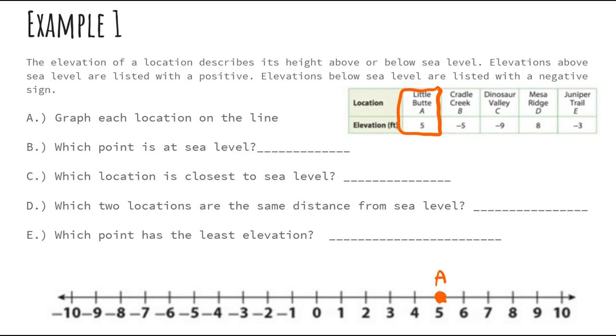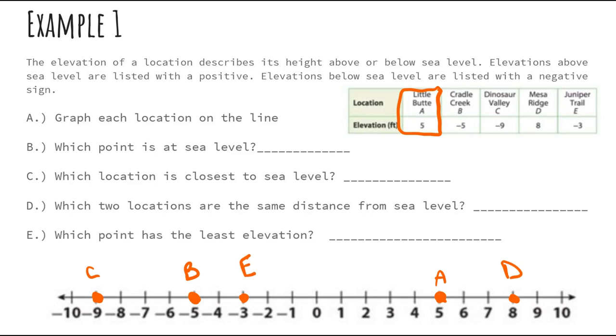B is Cradle Creek, which has an elevation of -5, so it's 5 feet below sea level. Okay, so we mark that on our spot at -5. Okay, Dinosaur Valley is -9. Mesa Ridge is +8. And Juniper Trail is -3.